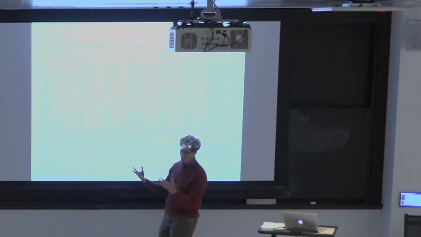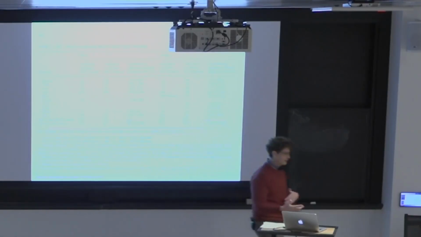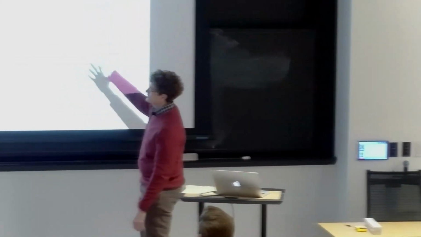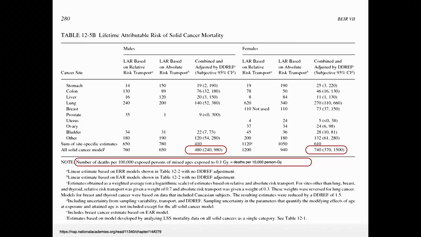Now, you don't have to use that plot and do it the way I just did it from first principles. You could look up one of these tables. So here on page 280 of the National Academy's Committee to Assess the Health Risk from Exposure to Low Levels of Ionizing Radiation, which is called BEIR7.